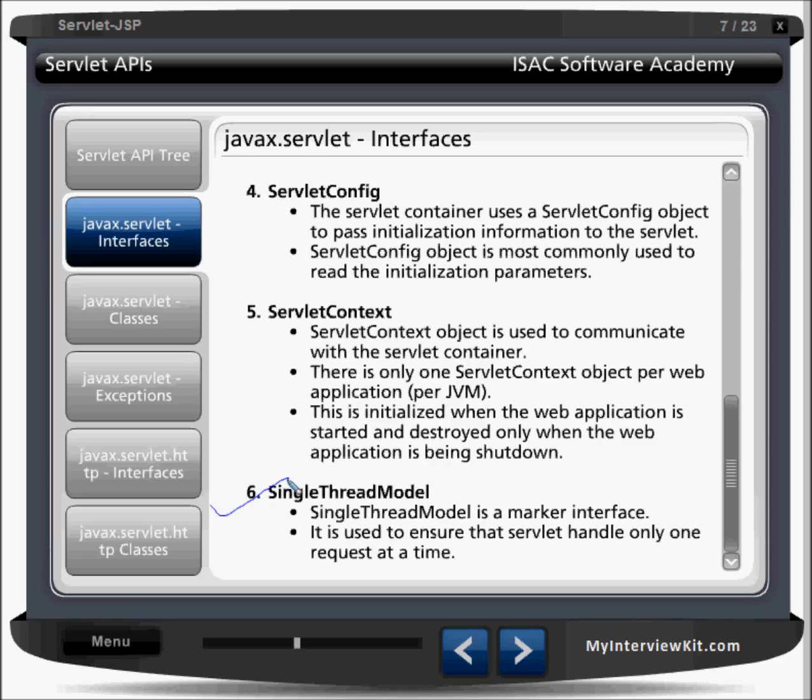Then your servlet will be single threaded, so it handles only one request at a time. It is a marker interface, so you need not implement any method. It does not have any method, right? Like Serializable, we just implement it. Similarly, we just implement SingleThreadModel here.